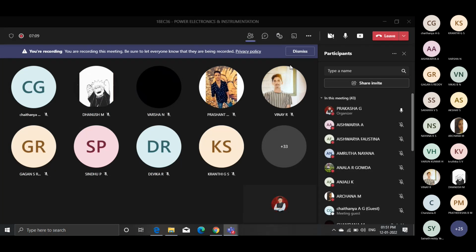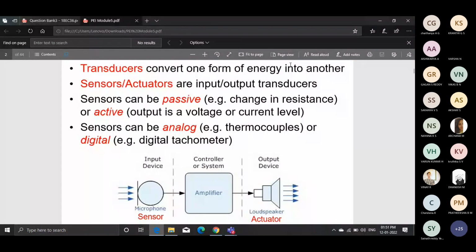Here the image can simply explain how exactly a transducer is going to work. An input device is a sensor. In between, we are going to have a control system. Later, at the end, we have the output device, the actuator.